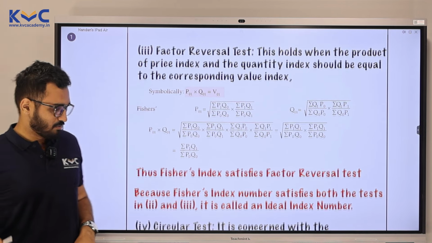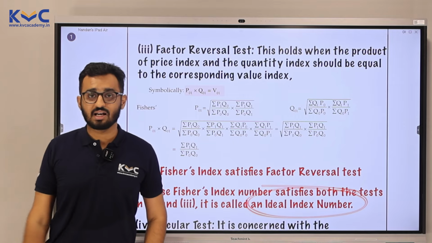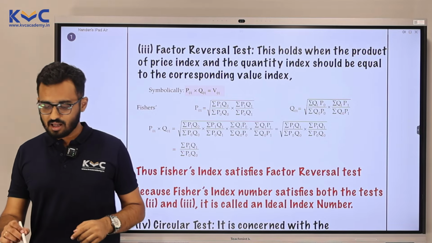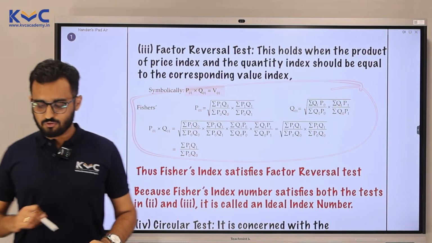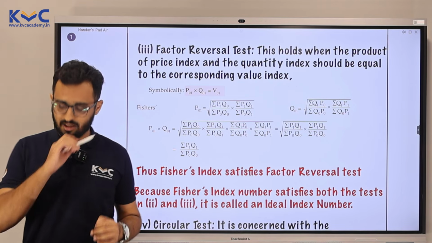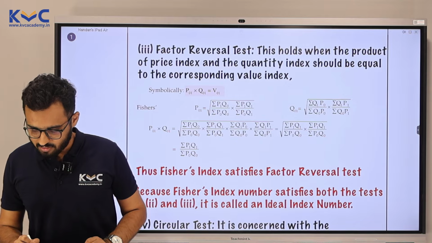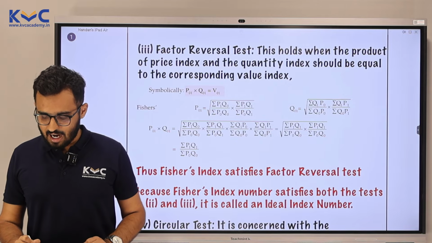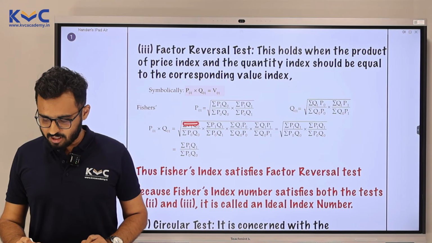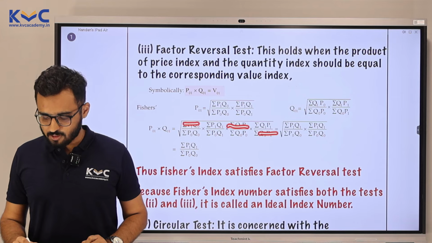Now did you understand why we call Fisher's the ideal index number? It fulfills both time reversal and factor reversal. How factor reversal is being fulfilled is given here. I leave it to you guys to check and confirm. Okay, just so that you get some heads up, I'll tell you what will end up happening. P1 Q0 is Q0 P1, Q1 P0 is P0 Q1.